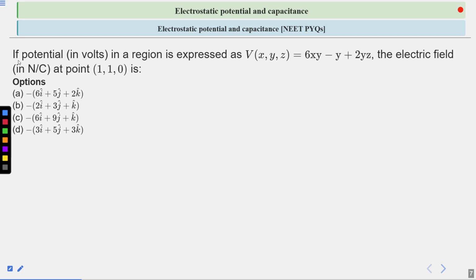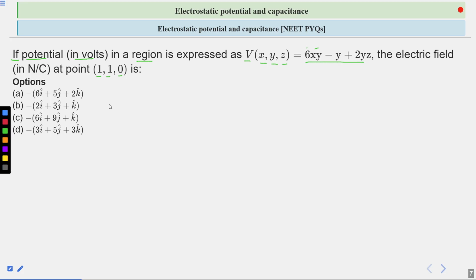Okay, next question. If potential in volts in a region is expressed as V of x, y, z, equal to 6xy minus y plus 2yz, the electric field in newton per coulomb at point (1, 1, 0) is.